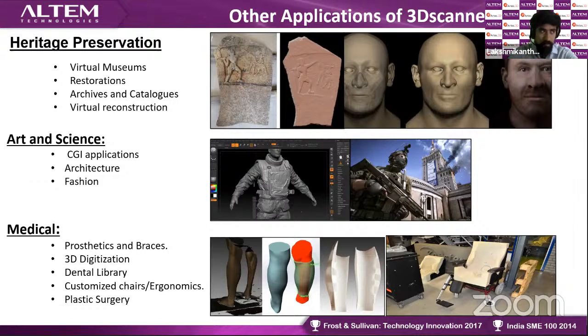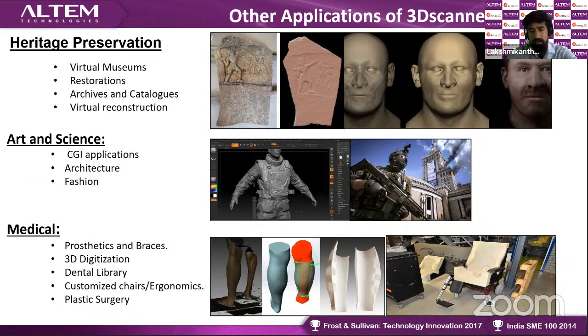We can make a custom fit from the healthy leg scan, and we can virtually subtract the area which is common in both scan data of the leg, and then make proper fitting connections, and based on that we can 3D print and use it in the applications as well.